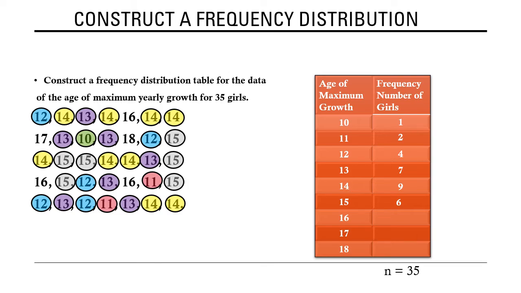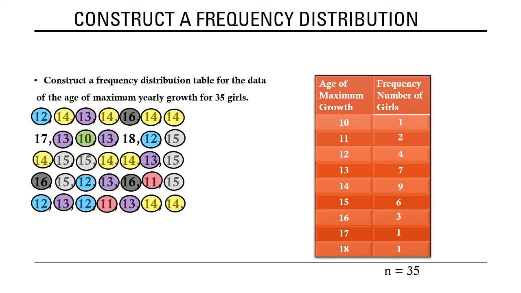So the frequency of 15 is 6. Now 16. The frequency of 16 is 3. Now for 17 and 18, I can tell I have one of each. If we add the frequencies, it's 35, and yes, we do have 35 numbers.